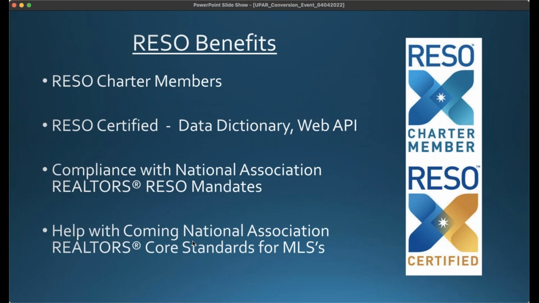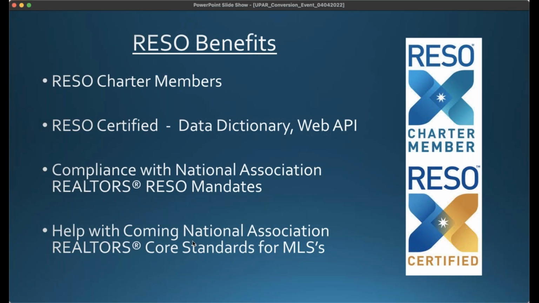And this is what I mean by standards. We're all bound by these standards that are established by NAR. NAR oversees the Real Estate Standards Organization, or RESO, for establishing data standards. So what we're supposed to do is adopt new fields or use fields that are standard over fields that are unique.